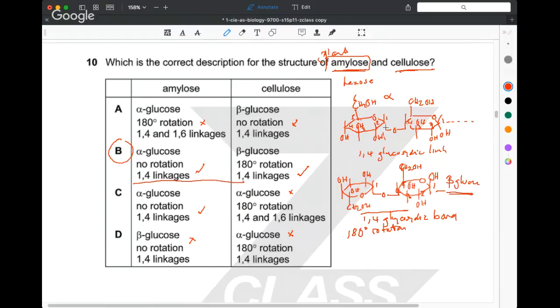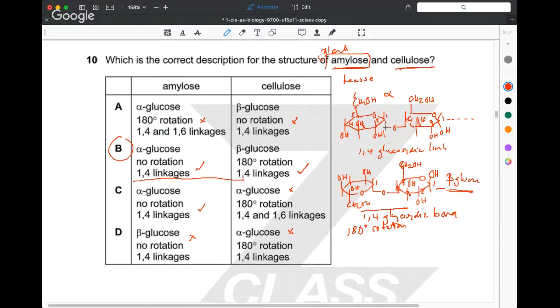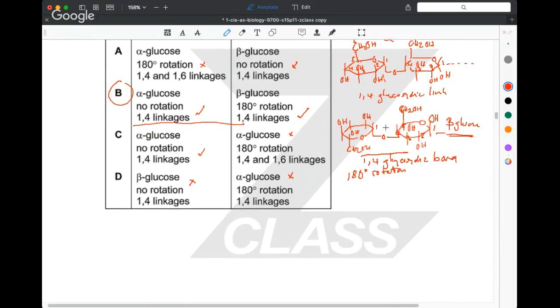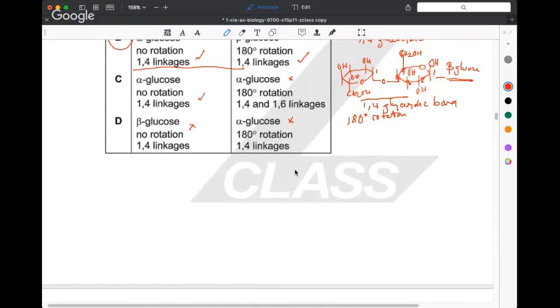There's 180 degrees rotation. And that level of understanding of how these biological polysaccharides are built up from the individual hexose units was very poorly understood by the students. So that's worth spending some time learning.